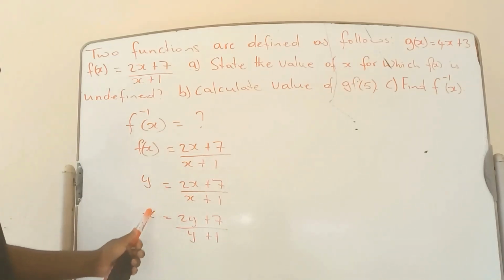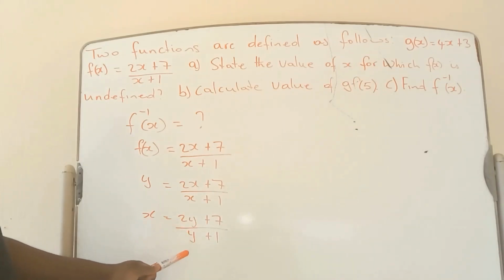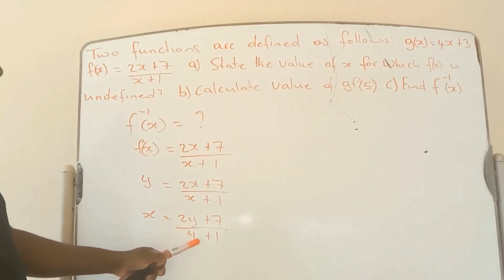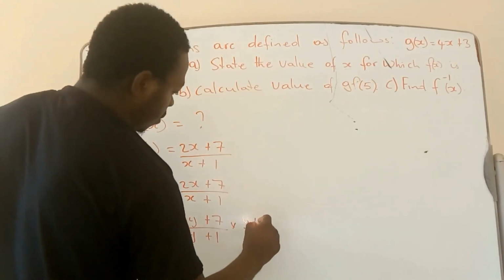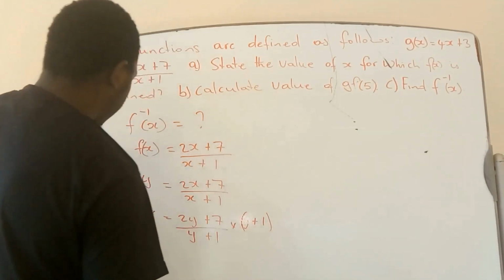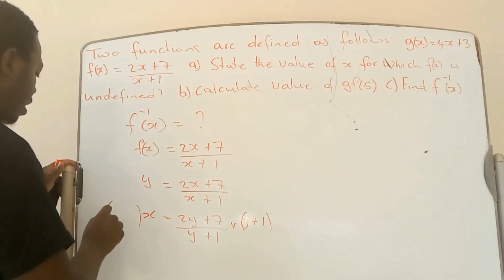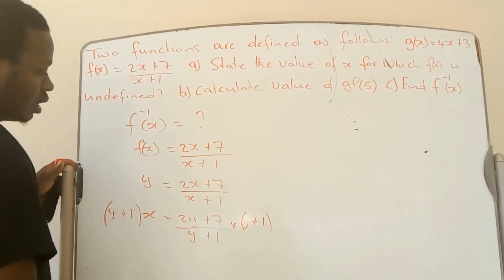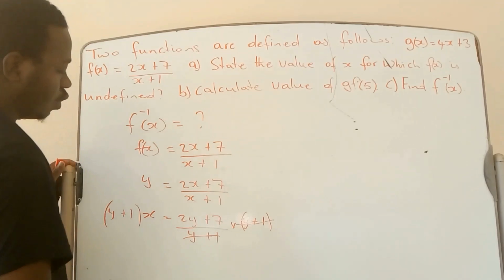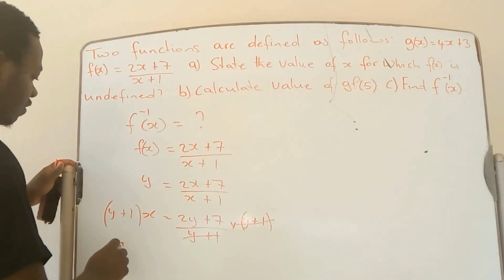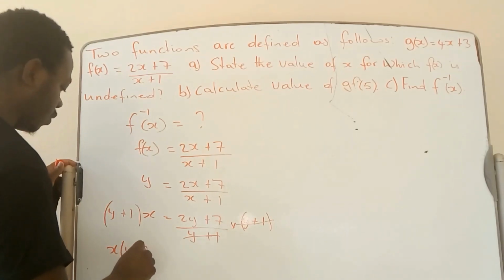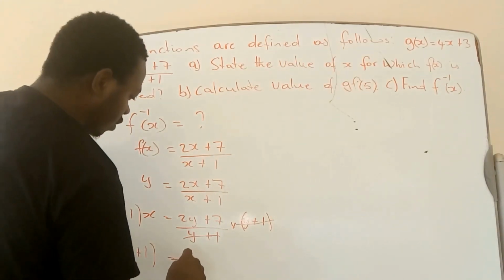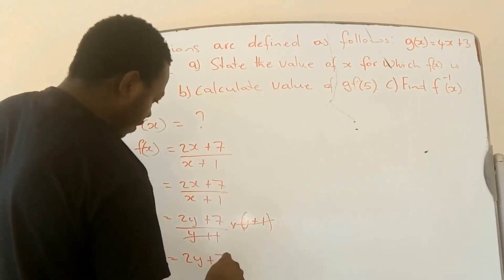In order to transpose for y, you need to multiply both sides by y plus 1. So you multiply this side by y plus 1 and this side by y plus 1. y plus 1 cancels y plus 1. So we have x times y plus 1 is equal to 2y plus 7.